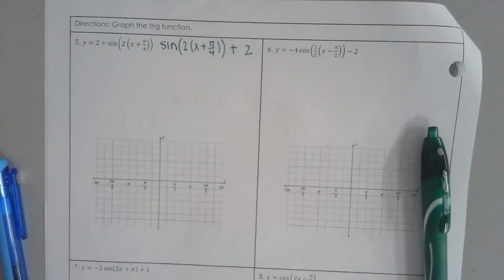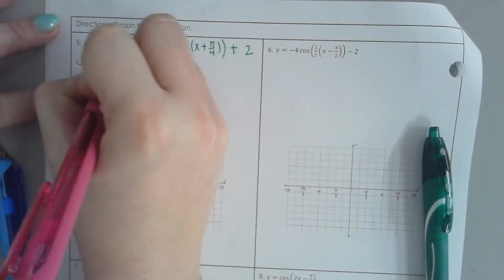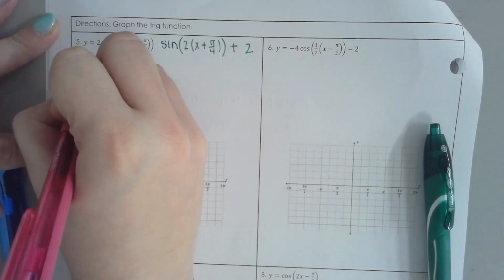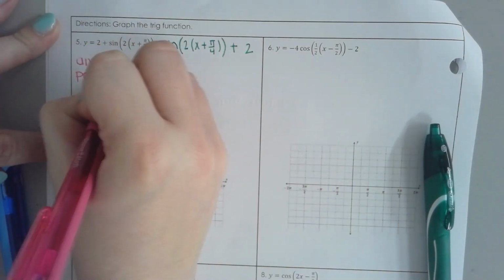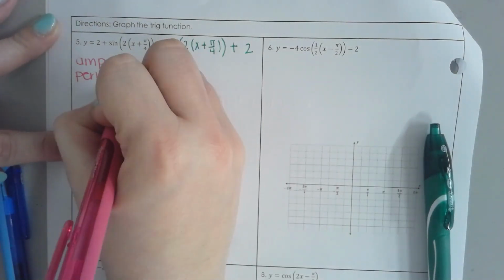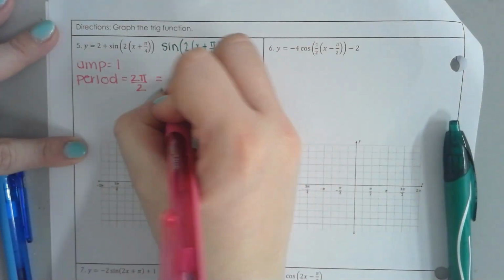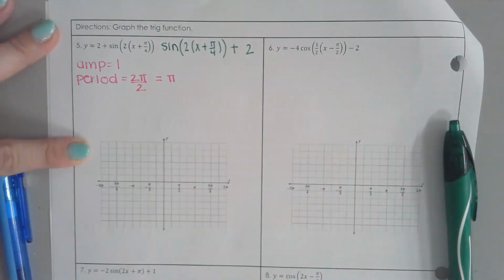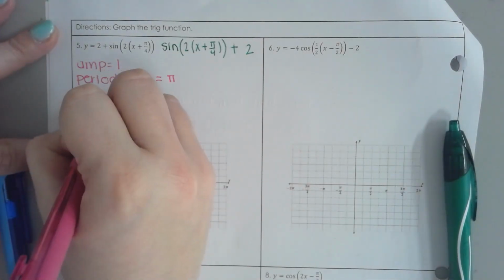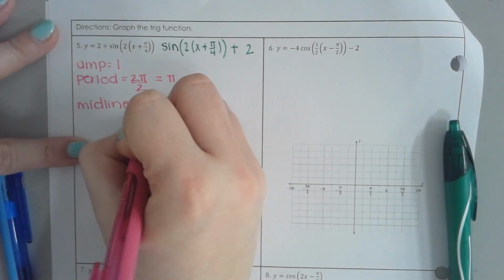So what is the amplitude? The amplitude is 1. The period is what? 2 pi over 2, which simplifies to pi. The midline is 2.